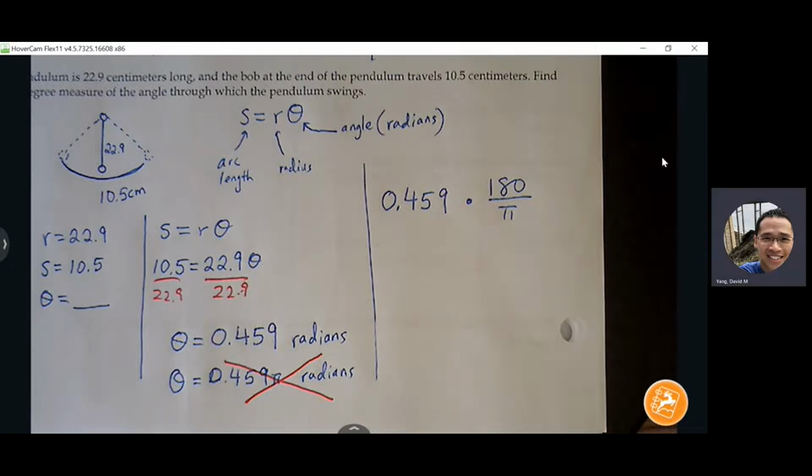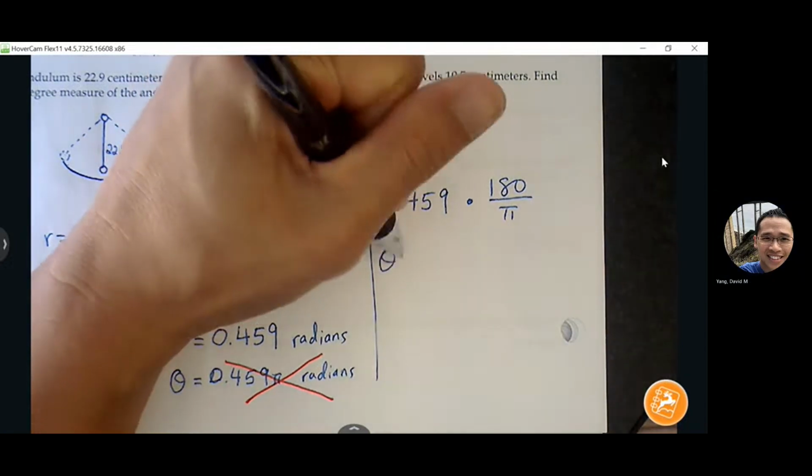So we enter this in the calculator. What do we get?